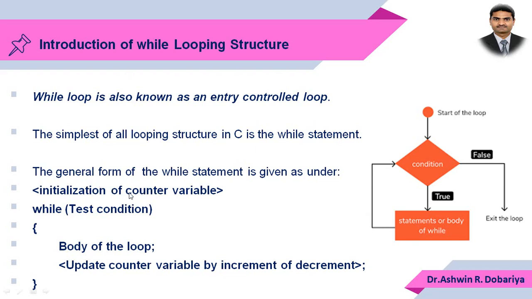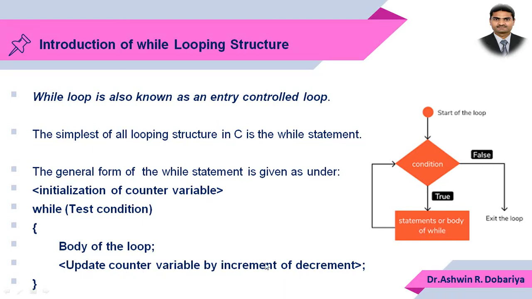After that, once we initialize the counter variable, we have to check the condition. We have to check whether the counter has reached a specific value, right? If the condition becomes true, then and only then it will execute the body of the while loop. And once we execute the loop body, we have to update the counter variable.